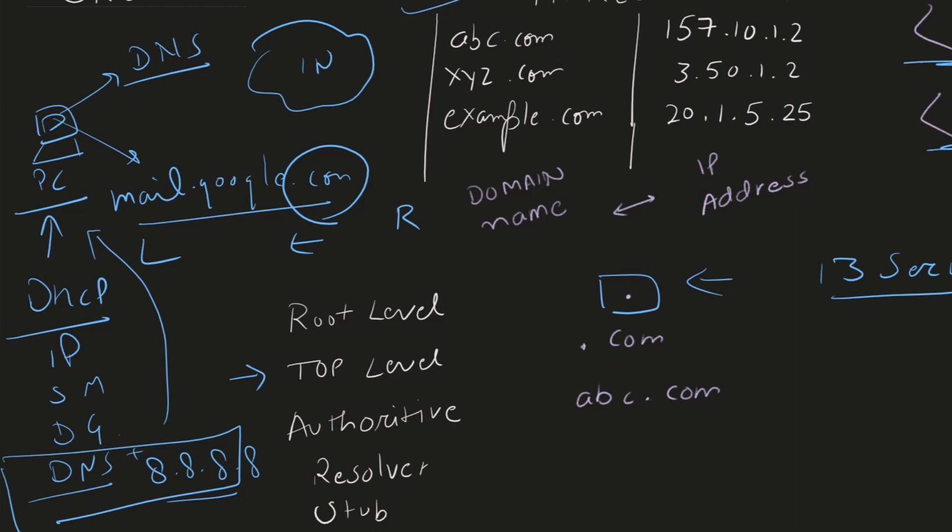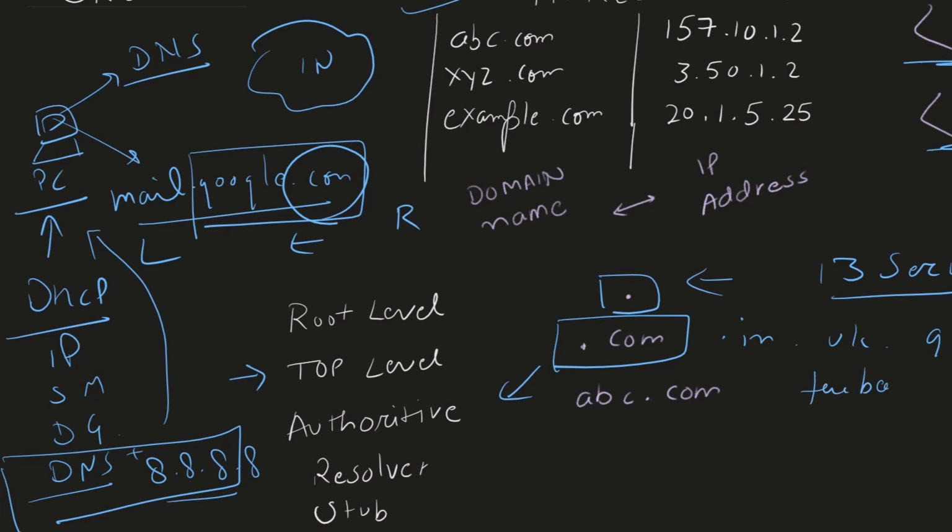Then there are many top level domains, which means .com or .in or .uk or .gov or .net. So mail.google.com comes under the .com top level domain. Then it will go to google.com, which is an authoritative name server. Suppose abc.com or facebook.com, these will be authoritative name servers. Then it will go to mail.google.com.